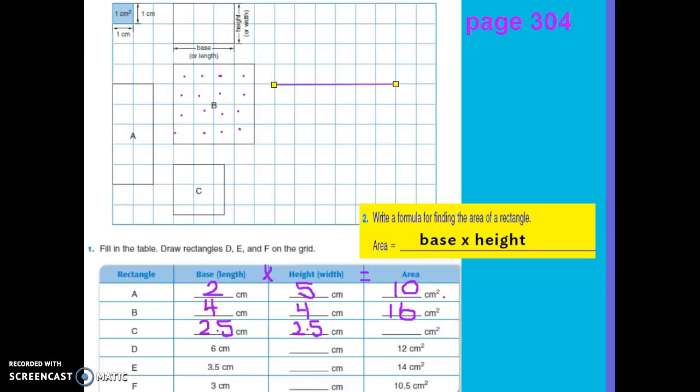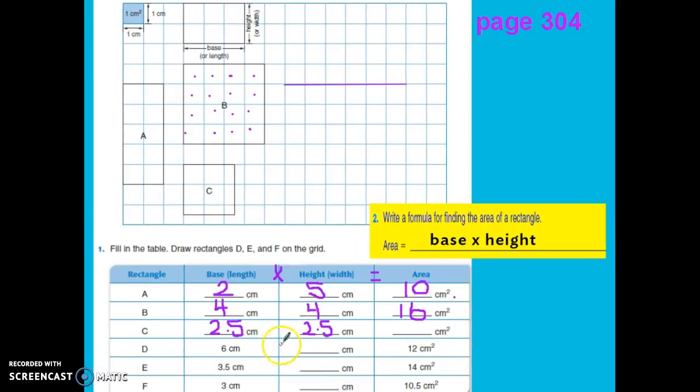And I know I have to end with 12, so I have to think about my multiplication here. 6 times what equals 12? I also know, because of fact families, division is the opposite of multiplication, so I could do 12 divided by 6 to get my missing factor. And I know that this is 2, because 6 times 2 is 12, or 12 divided by 6 equals 2.